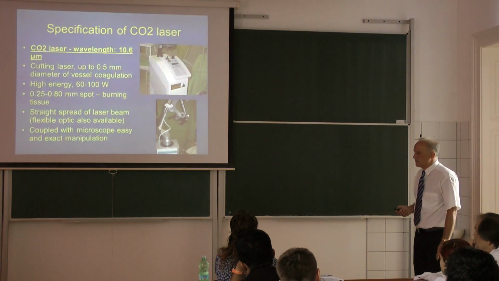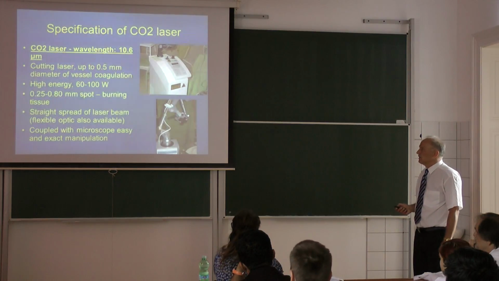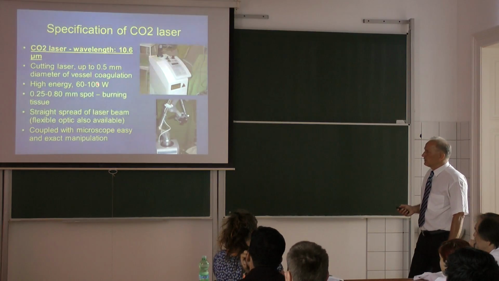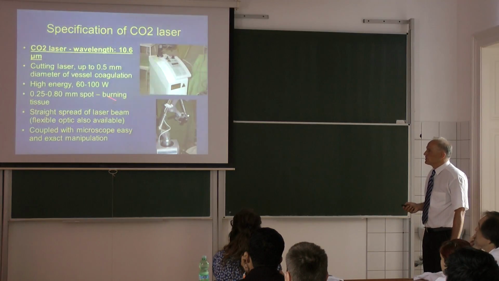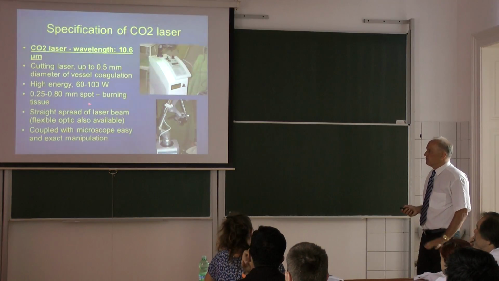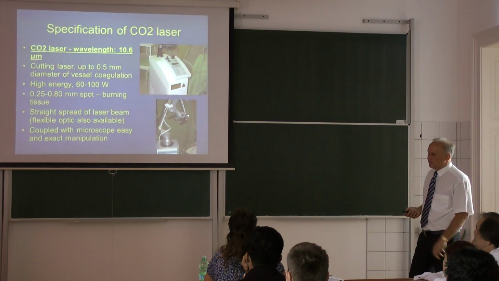You see this specification of the CO2 laser. This is basically a cutting laser with a diameter of 0.5 millimeter, and it is a high energy laser with 60 to 100 watts. The CO2 laser burns a part of the tissue.